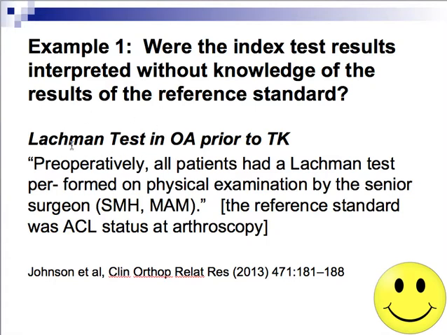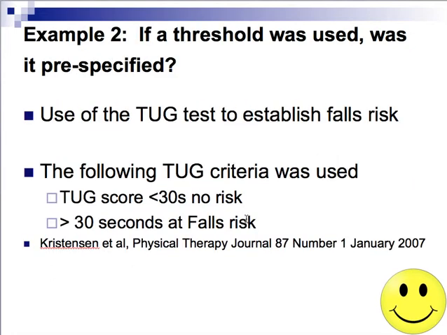In this example, they're trying to use the Lachman test to diagnose ACL deficiency in patients with OA prior to total knee replacements. And we can see here that perioperatively all patients had a Lachman test performed on physical exam by the senior surgeon, and this is before the reference test was applied, which was done in arthroscopy. So that would satisfy the blinding requirements of this question.